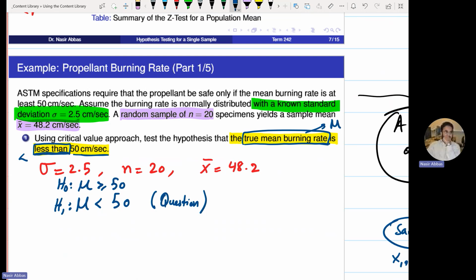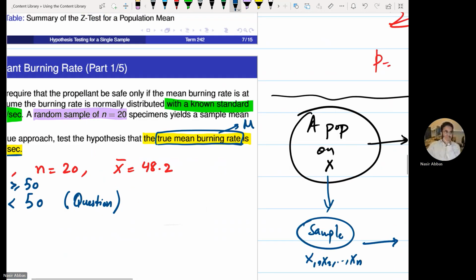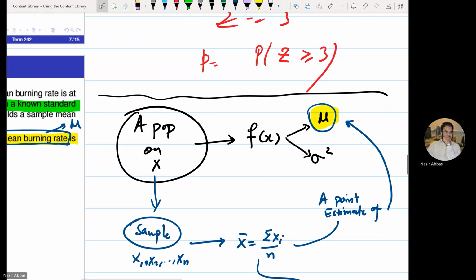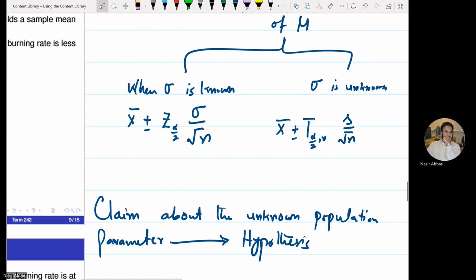Once you have H naught and H1, then you go to the formula sheet, and the formula sheet will tell you that for testing hypothesis related to mu, there are two tests available, a Z test and a T test. To construct the confidence interval, you have to use these formulas.